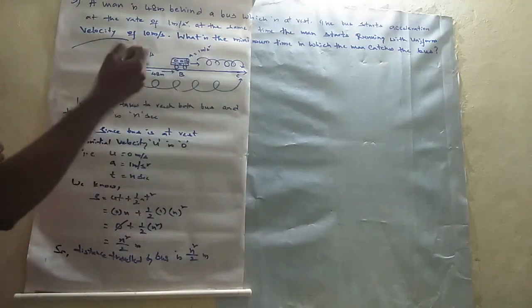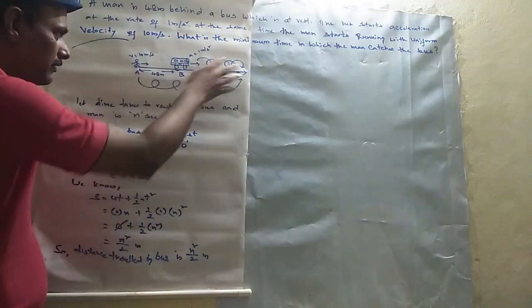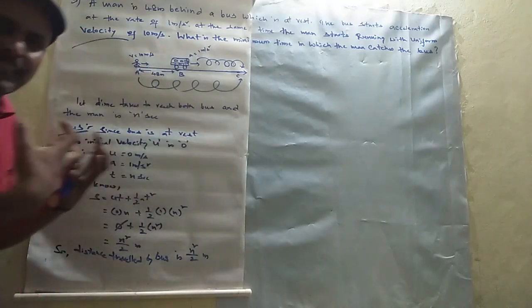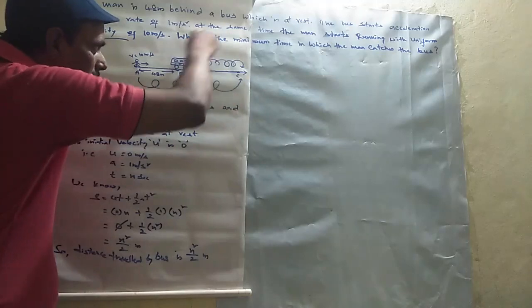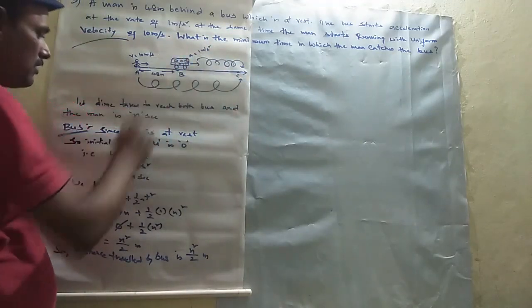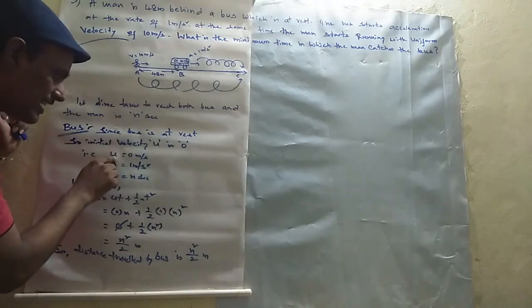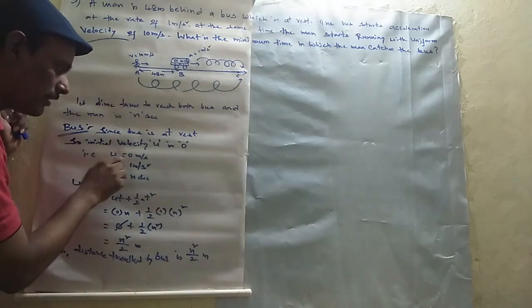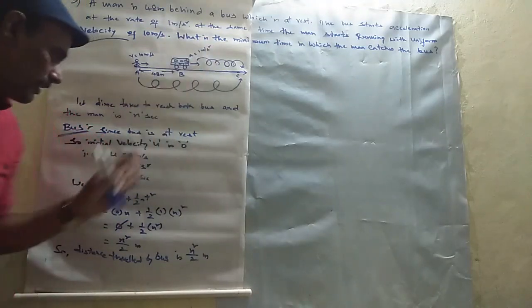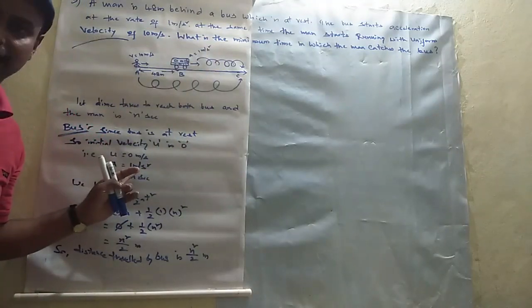Okay. The bus is moving and the man is also moving, but first I'm discussing only the bus part. In the starting stage, the bus is at rest, so initial velocity is 0, u equal to 0. Acceleration of the bus is given, a equal to 1 meter per second square.